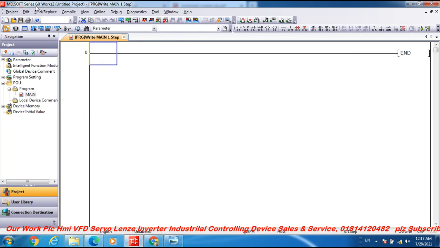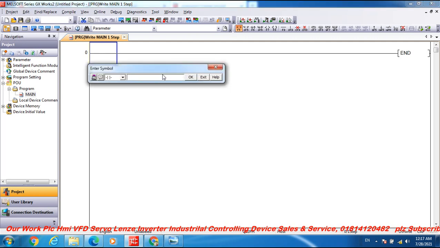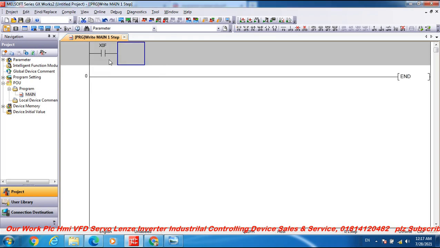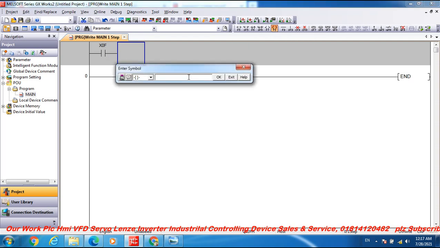My PLC software is GX Works2 and my PLC is the Q02PH PLC. And friend, go to the open contact, and open contact address X0F, input X0F input switch, and application instruction PLS pulse M0.